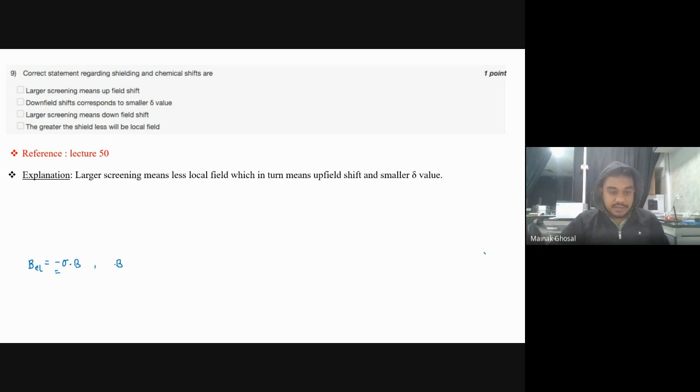It will change by this amount, B minus sigma B. So if you take B common, B(1 minus sigma). Now if you put it in the value of nu, it will be G_n beta_n B(1 minus sigma) by h. So B, which was earlier in the case of nu, is converted to B into 1 minus sigma.